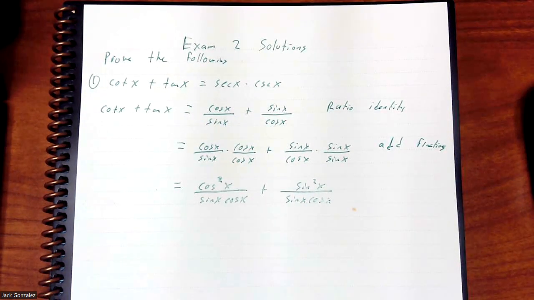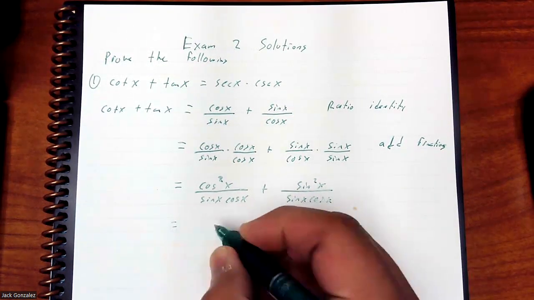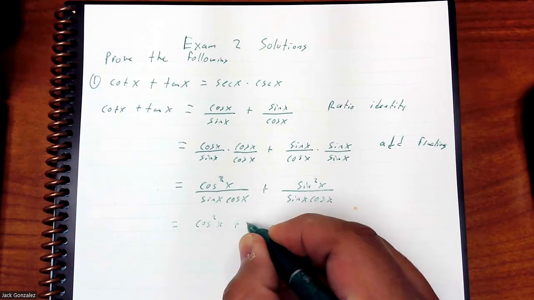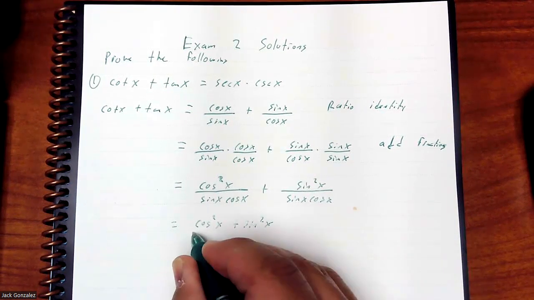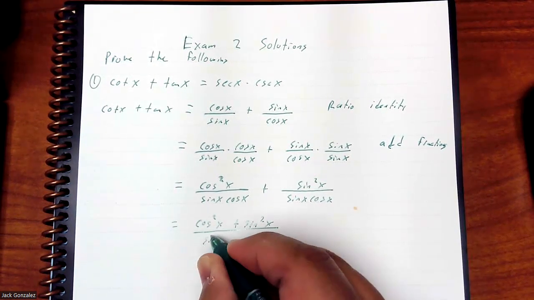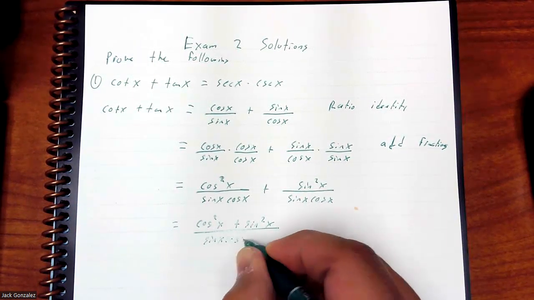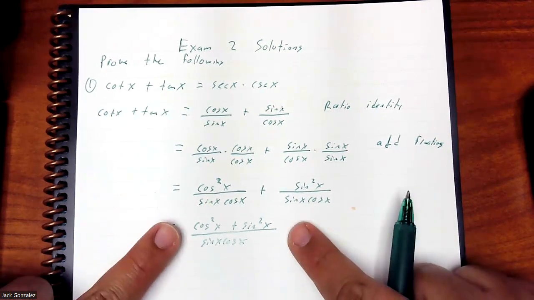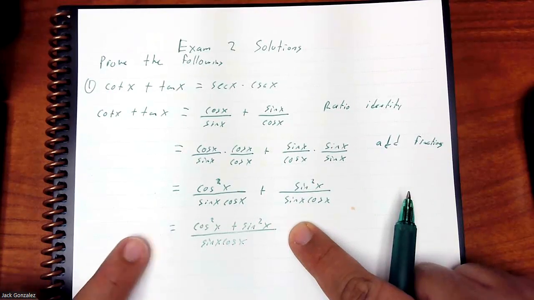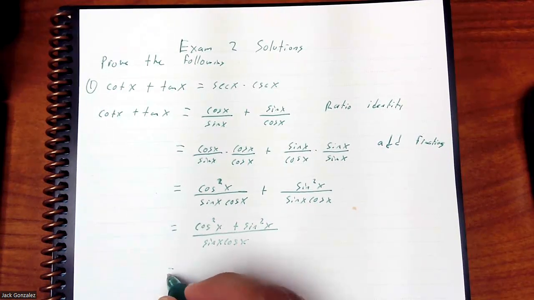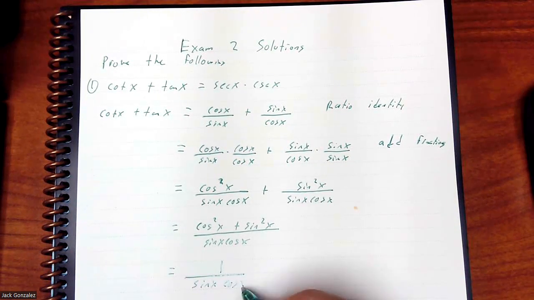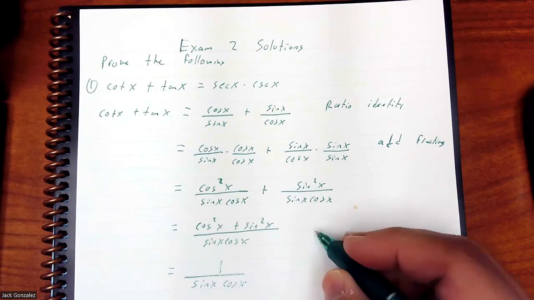So now you can add the fractions. So this becomes cosine squared plus sine squared over that LCD. And we should know that cosine squared plus sine squared is equal to 1. This is the Pythagorean identity.